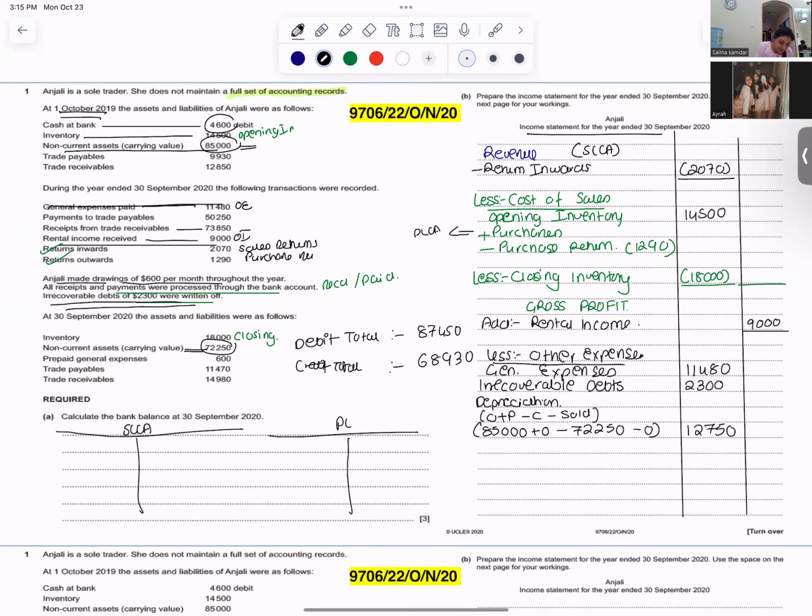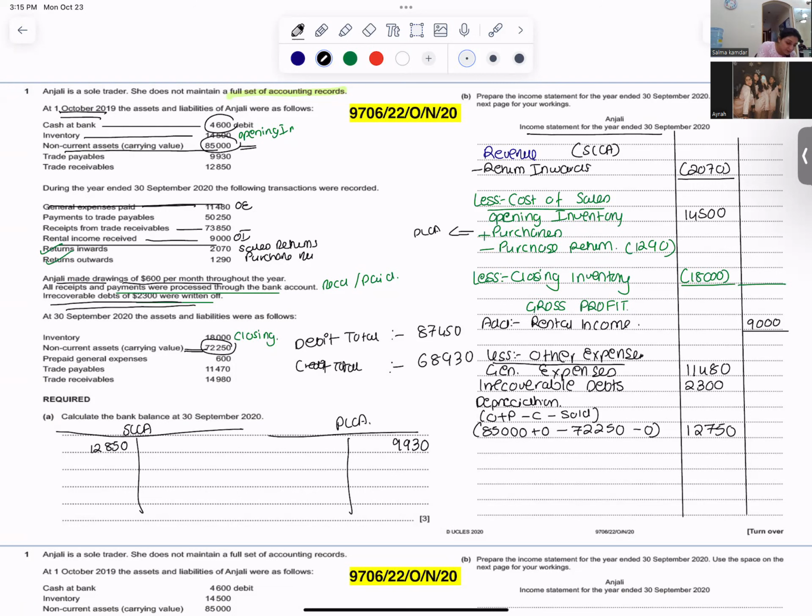Then there is PLCA. So trade payables balance is how much? 9,930. And trade receivable is 12,850. So to do this, you should be very thorough with your SLCA and PLCA.